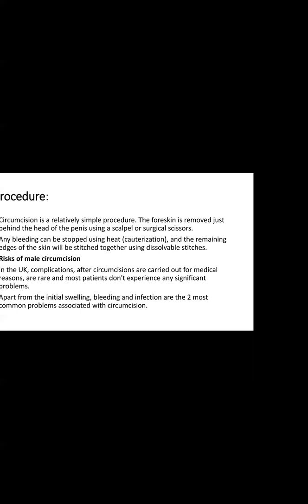There are mainly no side effects or risks, but there may be complications. Normal initial swelling after surgery is normal. Bleeding might occur. To be honest, bleeding and infection are the two most common possible complications of circumcision.